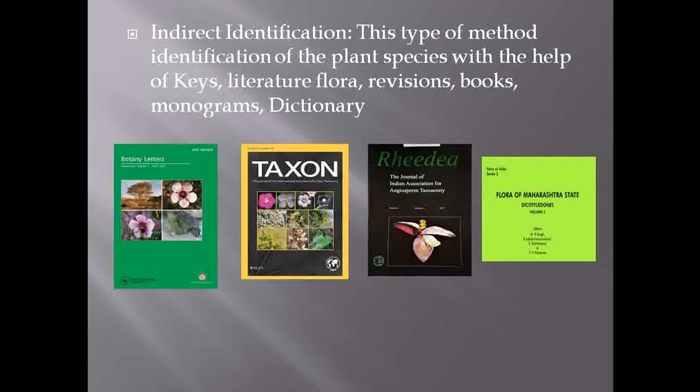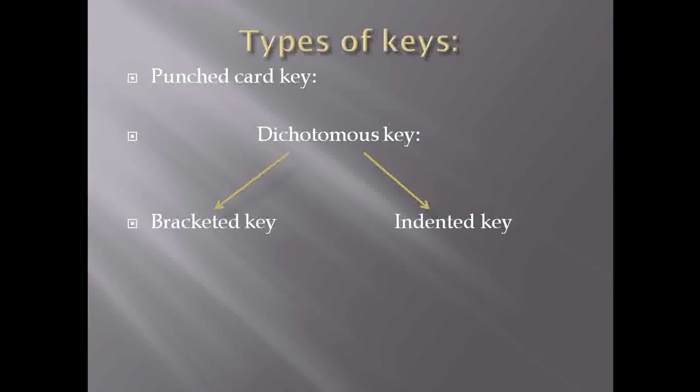But basically, whenever we follow the indirect method, we use keys. So let's see the different types of keys by using which we identify a particular plant species.